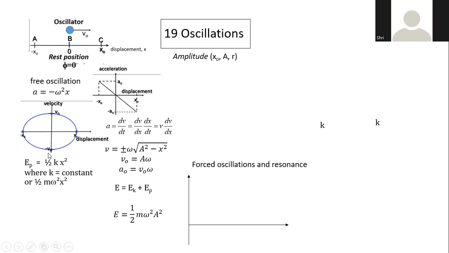Potential energy stored in a spring is your potential energy. If you want the actual equation, that's the actual equation. Can derive from here. Half mv square this one, and I can deduce that this is a formula. And that is the energy displacement graph. That's the total energy. It's constant for free oscillation. And then this is the potential, so that's why it's of this shape. And this is the other one.